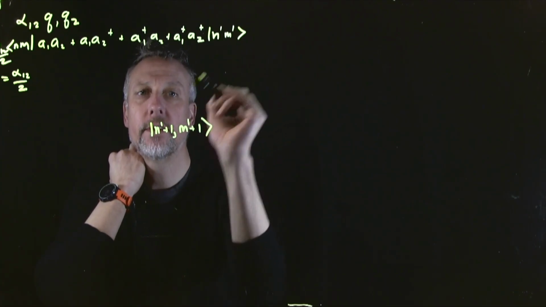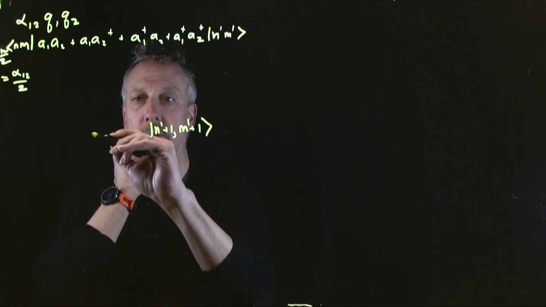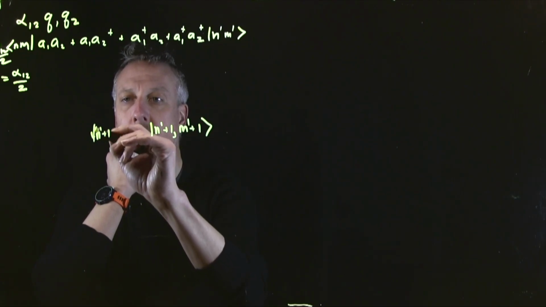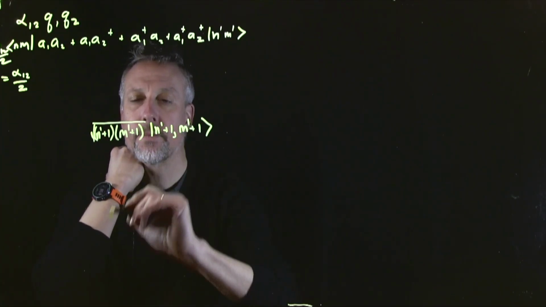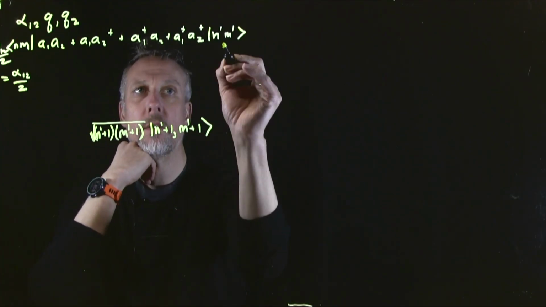That's what this does to this. Then we get a multiplicative factor, the square root terms, which is going to be the square root of N' plus 1 times the square root of M' plus 1, and we'll put it both inside the square root. All right, so that's the first term.